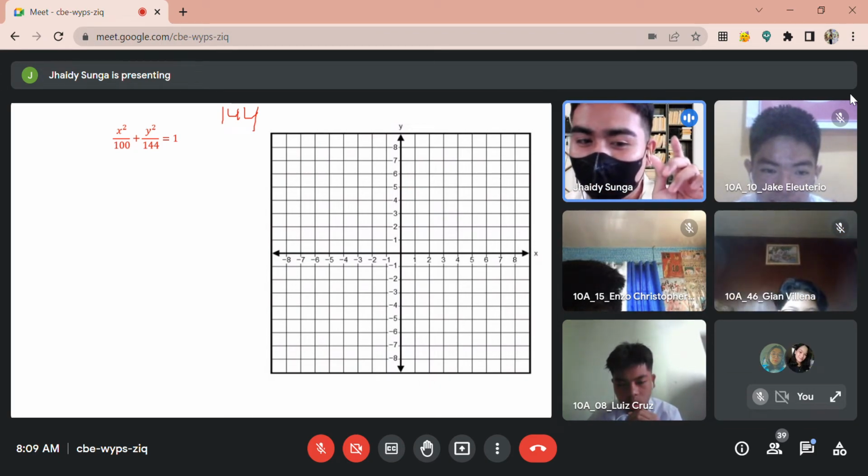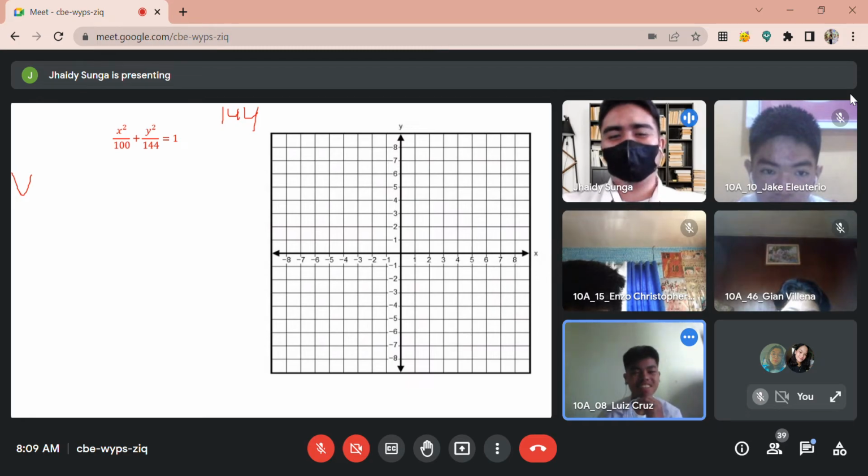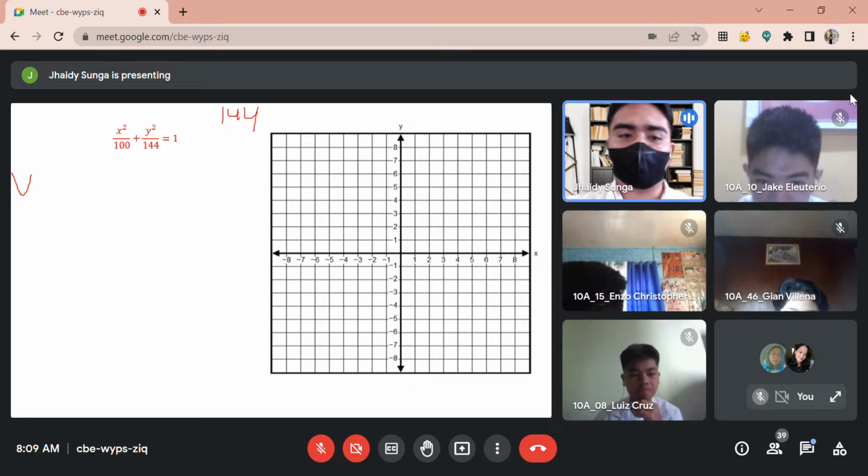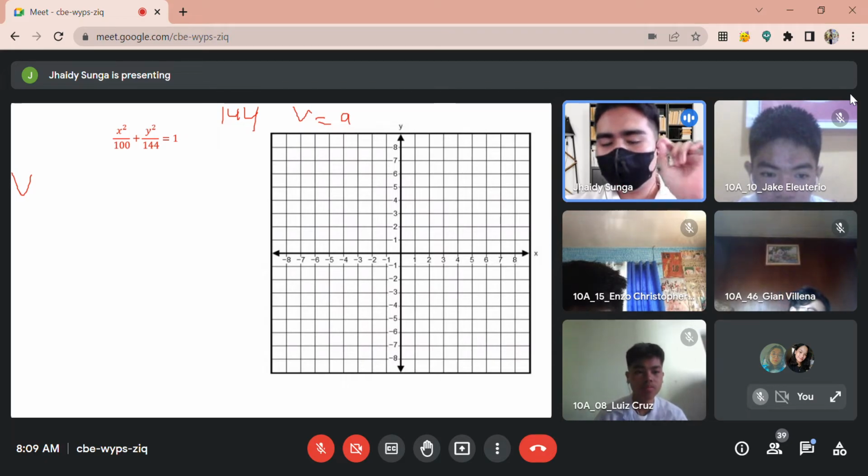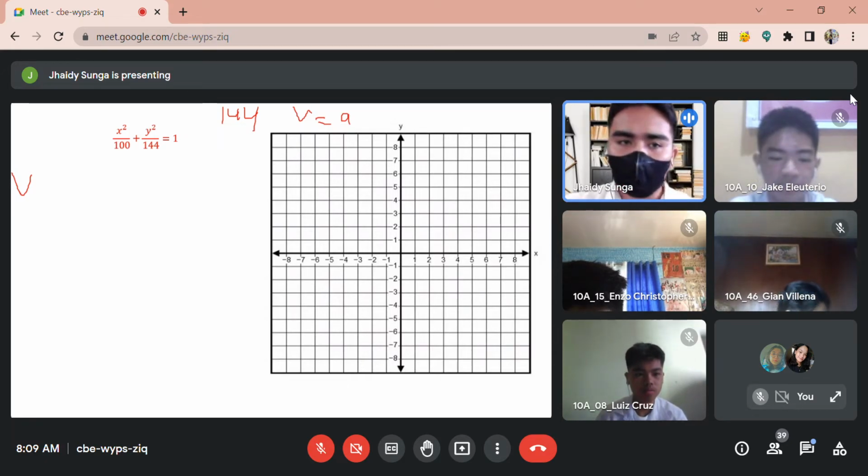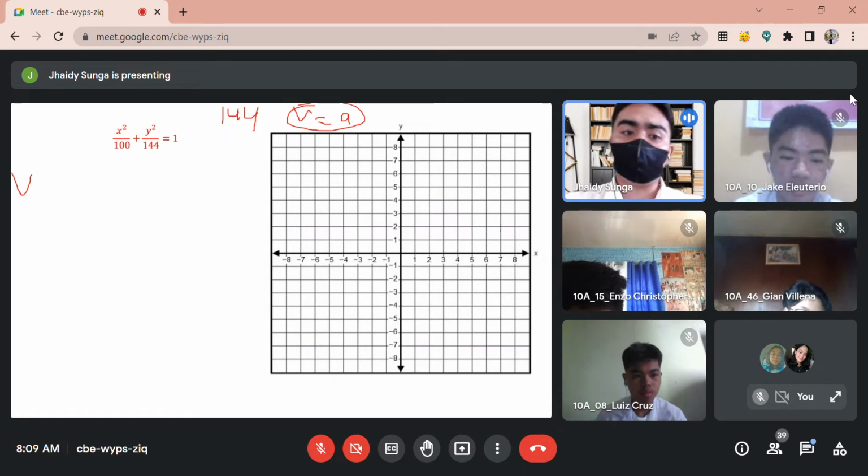That is our vertices. Always remember that V is our A. So you always remember that A is the larger number. Therefore, it is placed in the major axis.